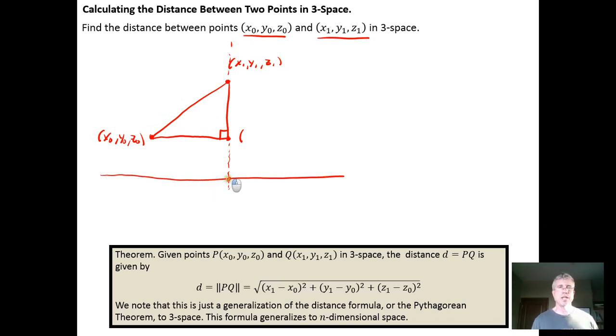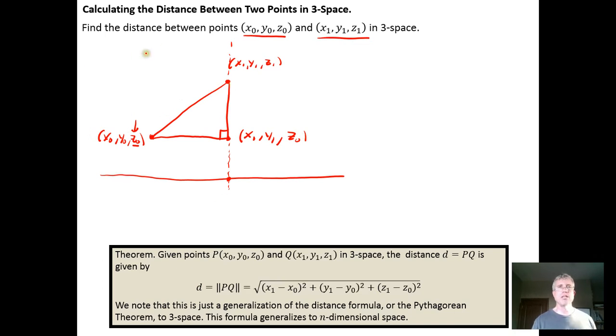Without loss of generality, consider dropping it down, then we're going to get a right triangle if we pull this line out parallel to the xy plane. And the coordinates on this point are going to be x1, y1. They're going to match the coordinates above, but they'll be at the same height as z naught for this point. So we get coordinates x1, y1, z naught.